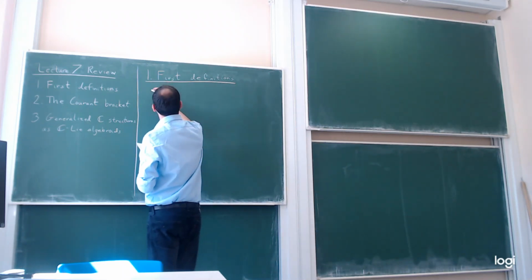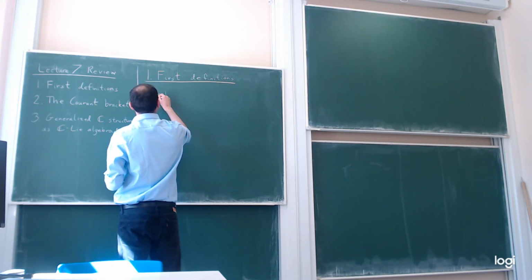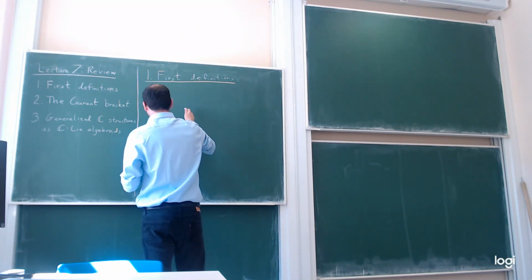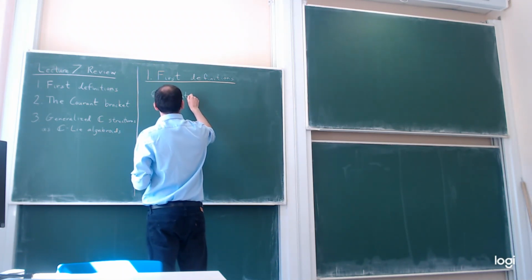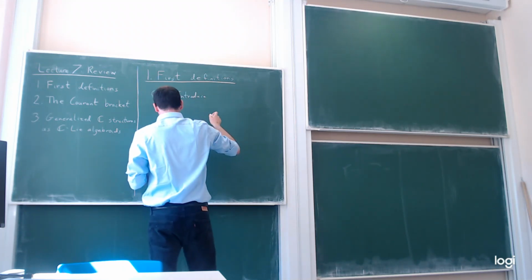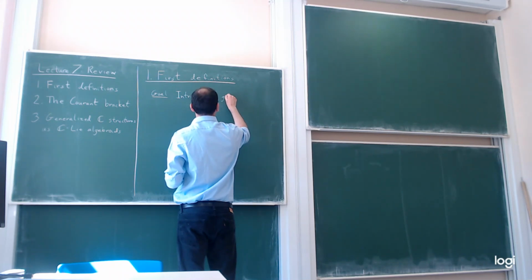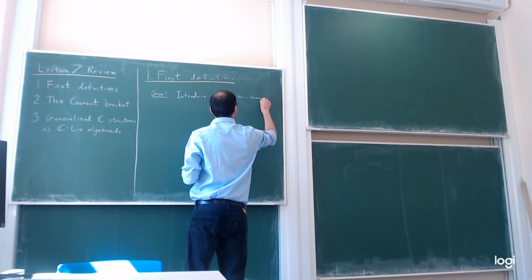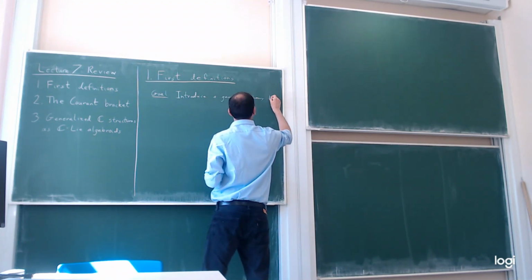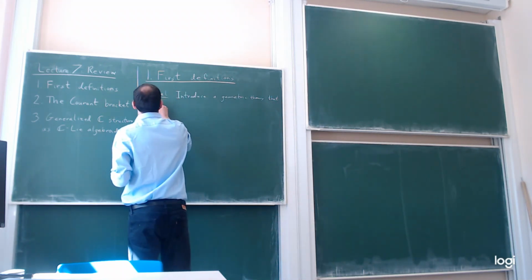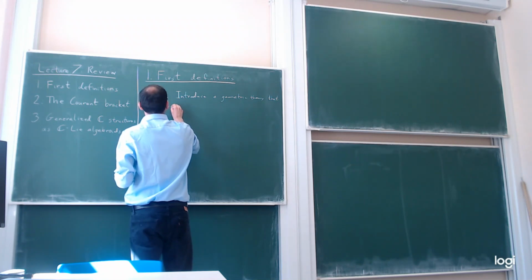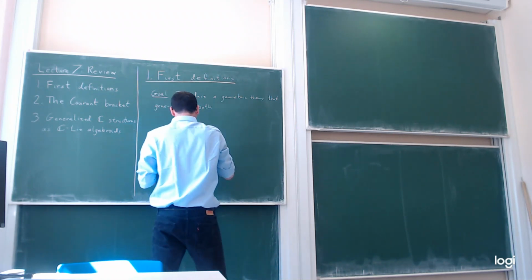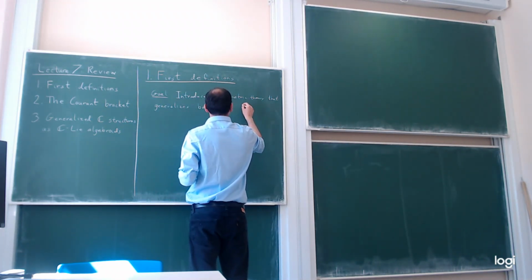So our goal, or at least our formal goal here in generalized complex geometry, is to introduce a geometric theory that generalizes both complex and symplectic geometry.